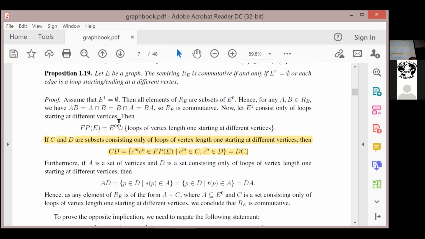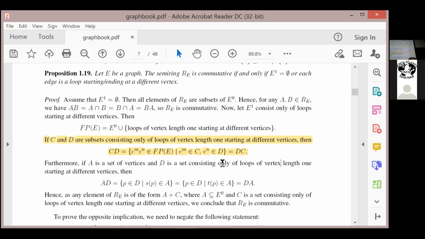This is of course the disjoint union, and now I'm looking at subsets in this part of my set. Remember, what is a loop at a vertex? This is simply an edge to some power. So when I multiply C and D, by the very definition, I get e^m times e^n, where e^m is in C and e^n is in D.